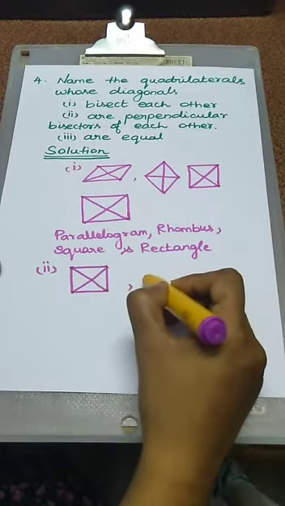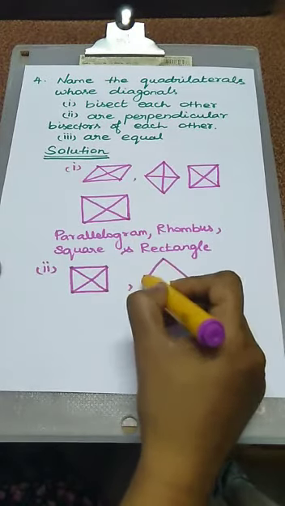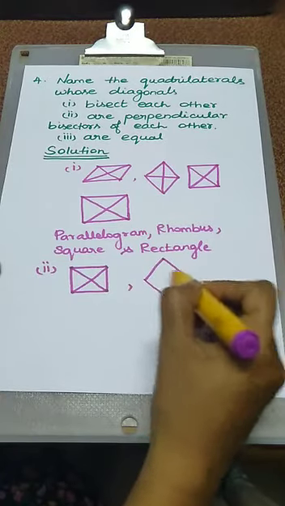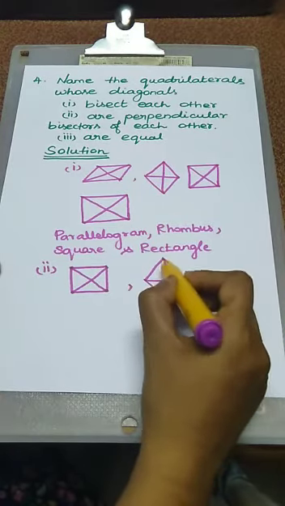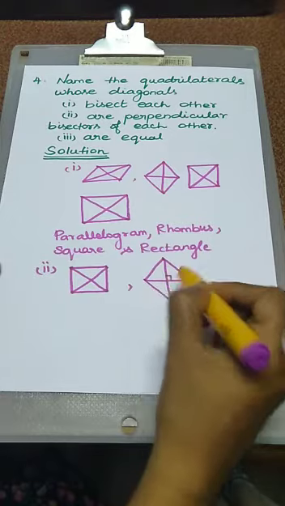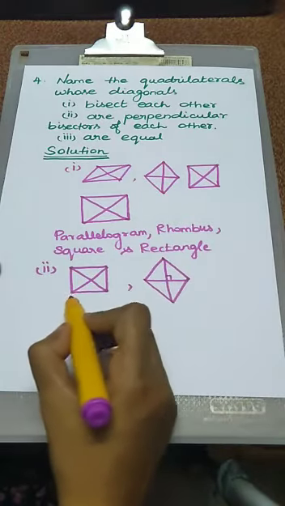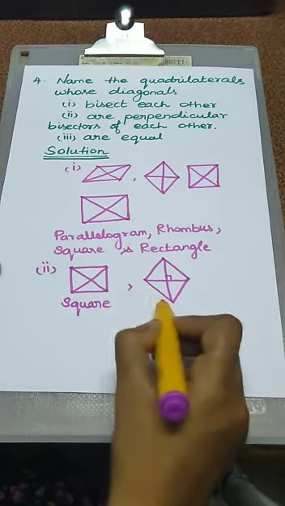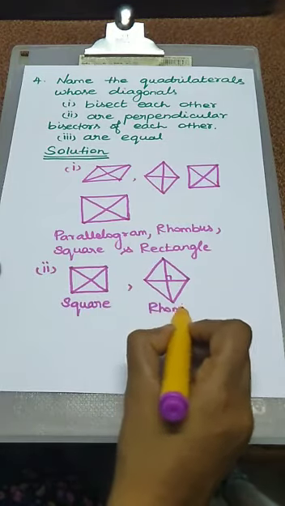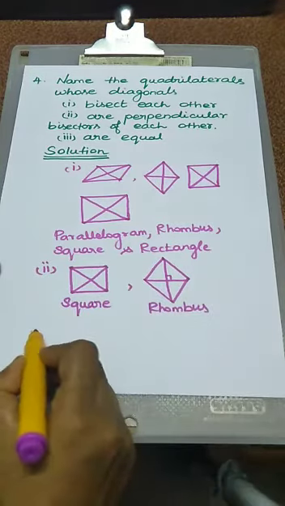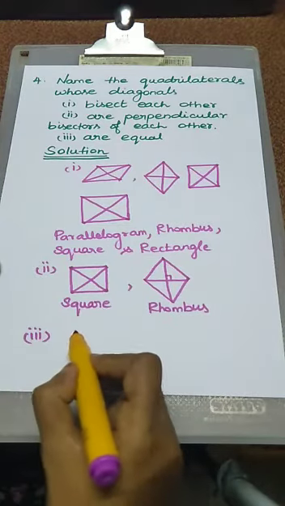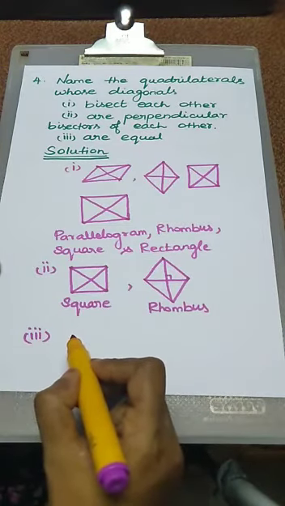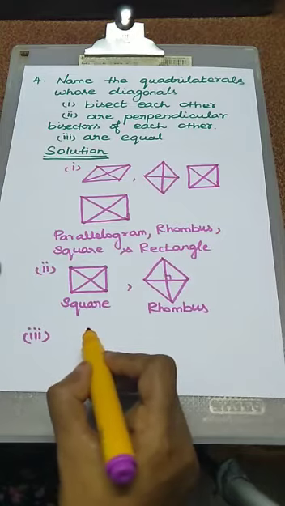Diagonals are perpendicular bisectors of each other. First one is square, second one is rhombus. Okay. Next one, third subdivision. Name the quadrilaterals whose diagonals are equal. What are the shapes actually?